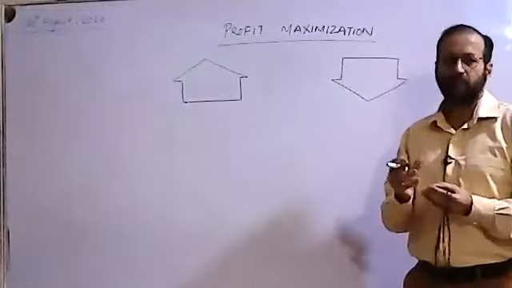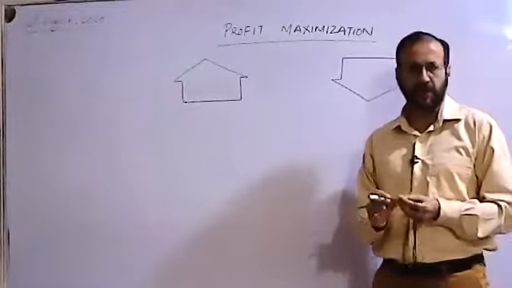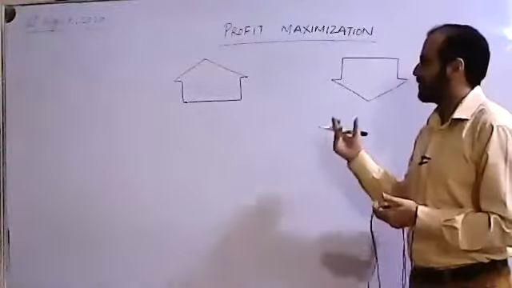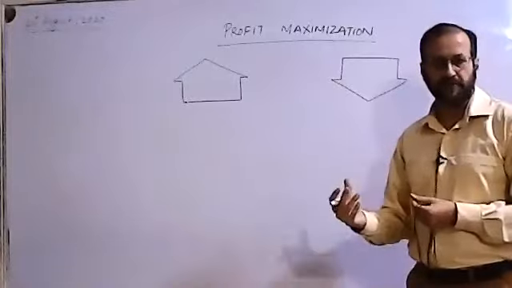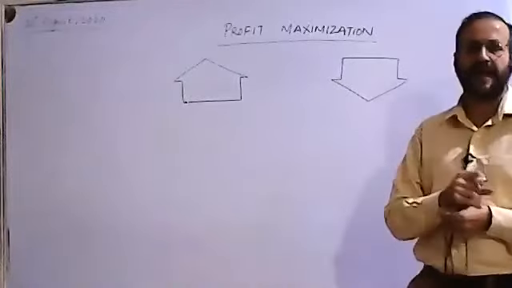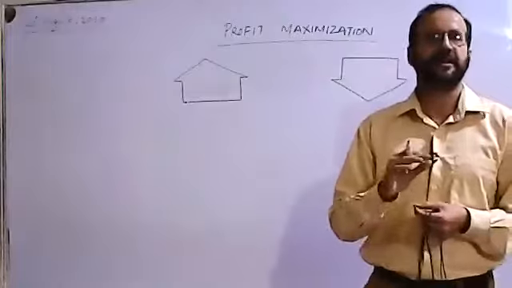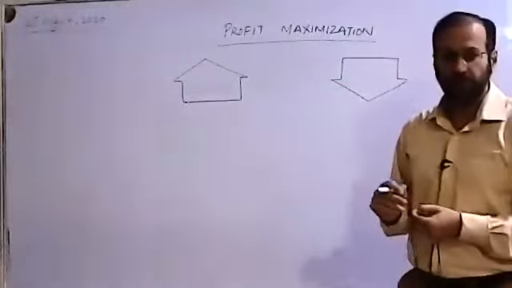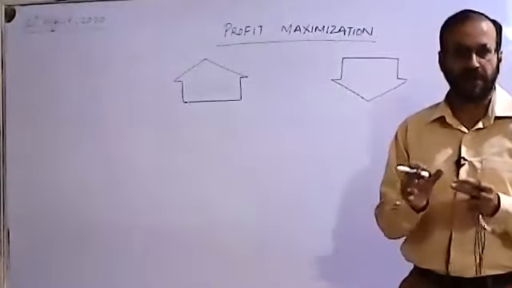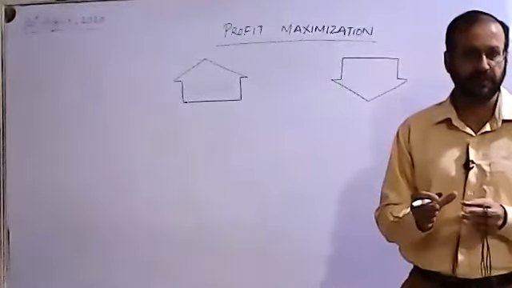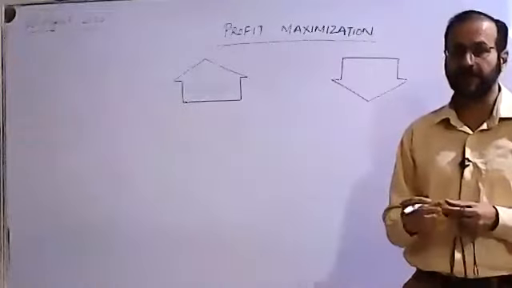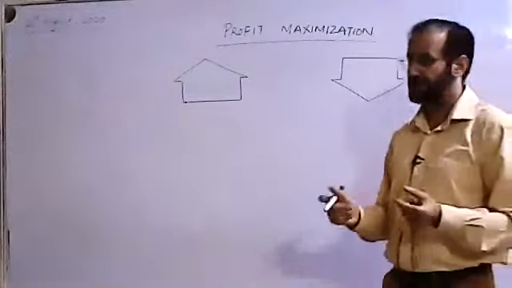Since profit is determined by cost and revenue, these are the two factors through which we can increase profits. So what were those two economic variables which mainly decide it?